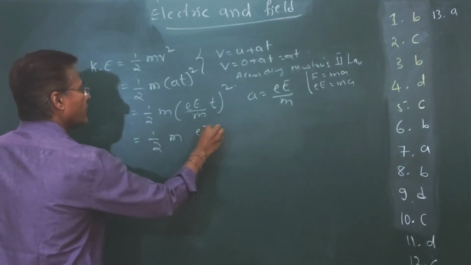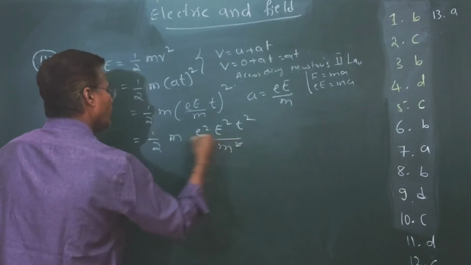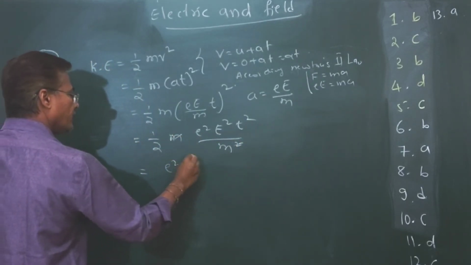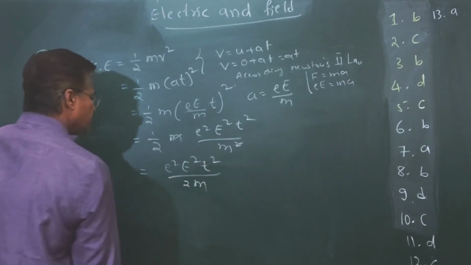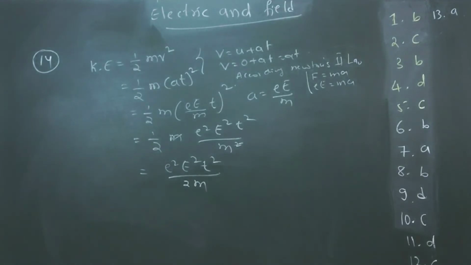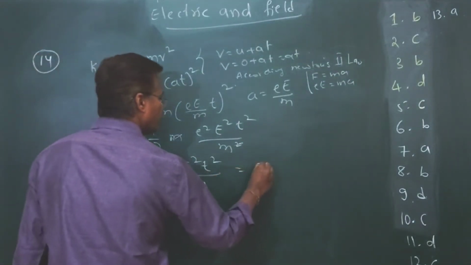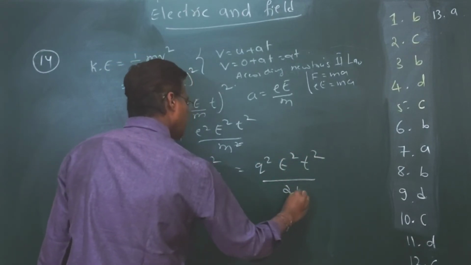So this is e square capital E square t square divided by m square. One m gets cancelled, so that is e square capital E square t square divided by 2m. Here small e means we are taking it as q, so this is q square E square t square divided by 2m.